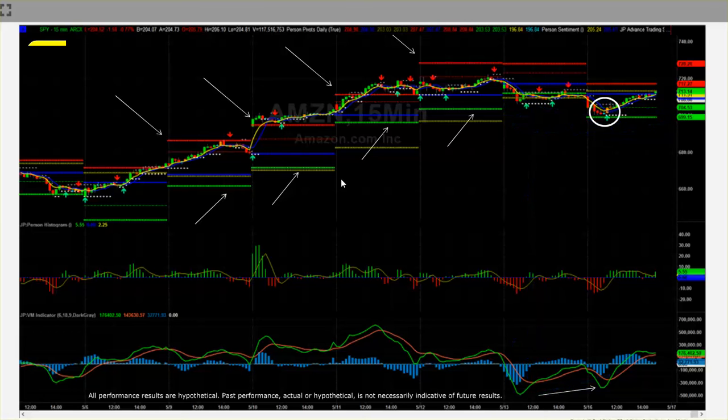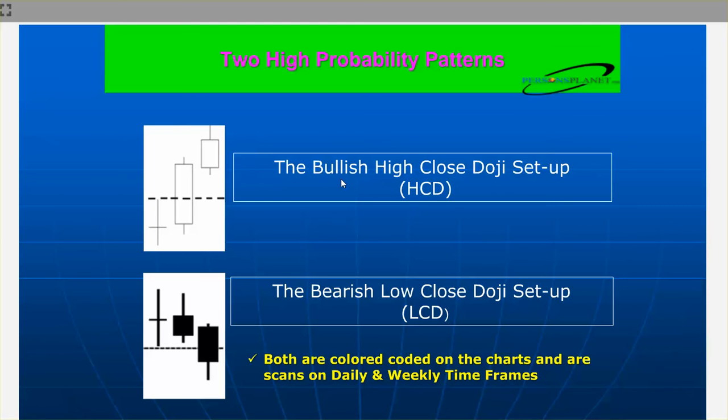Now, the first book that I shared with you, Candlestick and Pivot Point Trading Triggers, revealed a little bit more about a couple of patterns, and one was what I have taught for over 20 some odd years, what we called the bullish high close doji setup. Being a trader, I'm looking for one of the most advanced and high probability buy signals.